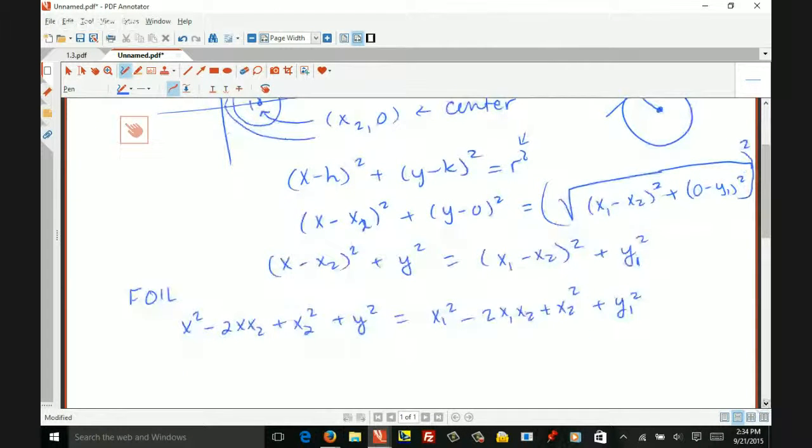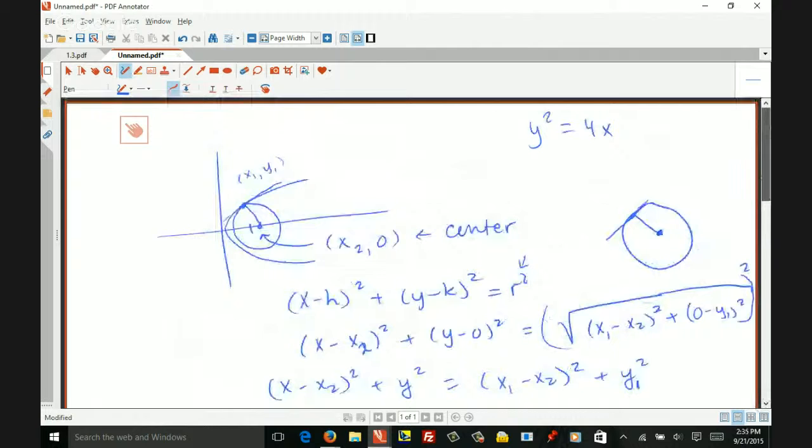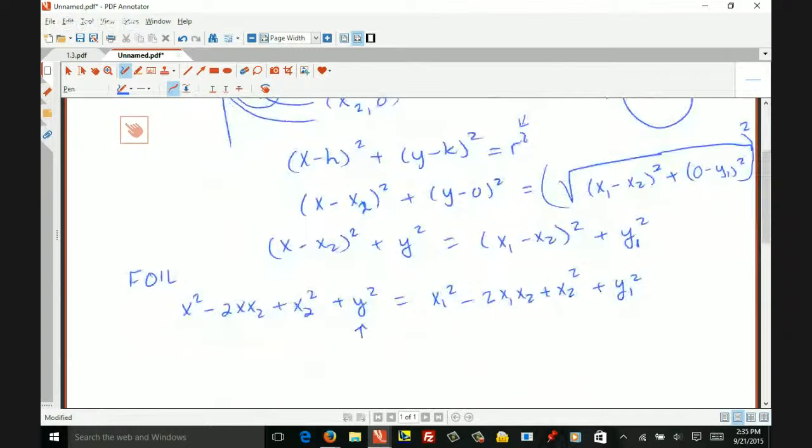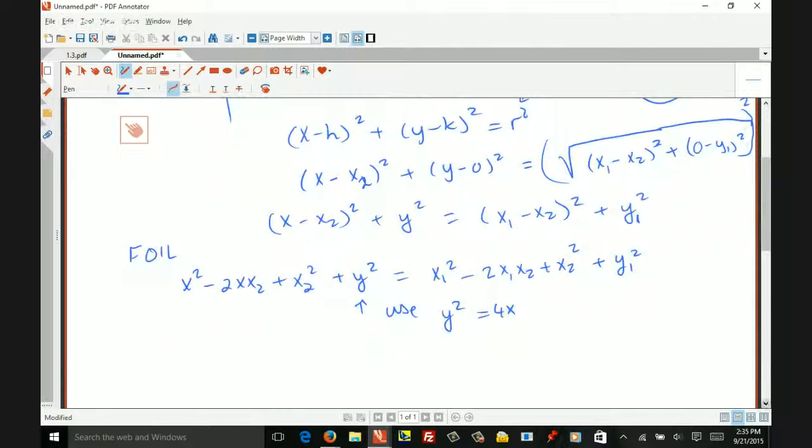Now, notice we have one other piece of information. We are on this curve right here. So y squared is going to be 4x. So that's what we're going to plug in down here. And let's see what that gives us.